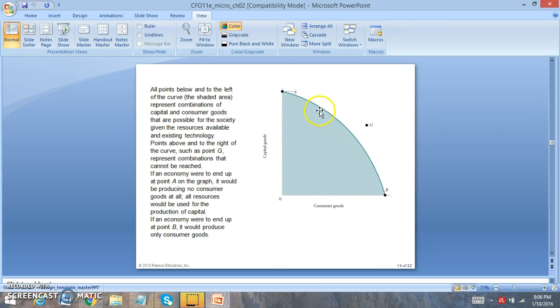Anything inside and on this line is attainable. Anything outside the curve is not attainable because we don't have enough resources allocated to this. So this is attainable, this is not attainable. Now, the production possibility frontier is going to help us understand how we make decisions of where we should produce and what we have to give up in our production.